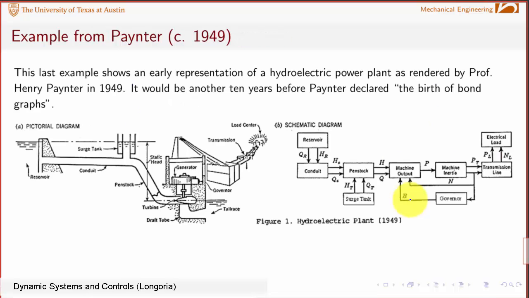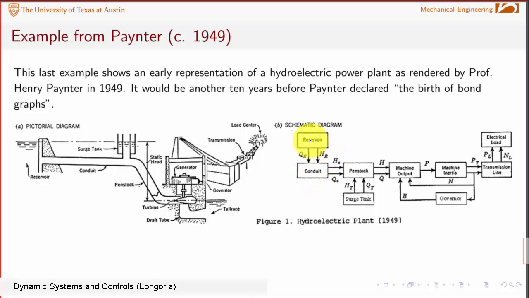Finally, I just put a diagram here. As I've mentioned, Professor Henry Paynter developed bond graphs starting back in the early 50s and 60s, followed on by many of his students and others that have contributed to bond graphs. But in a paper that he published back in the 80s, he gave this diagram showing how early on he had been thinking about this concept of bilateral signals as conveying power and also sign.